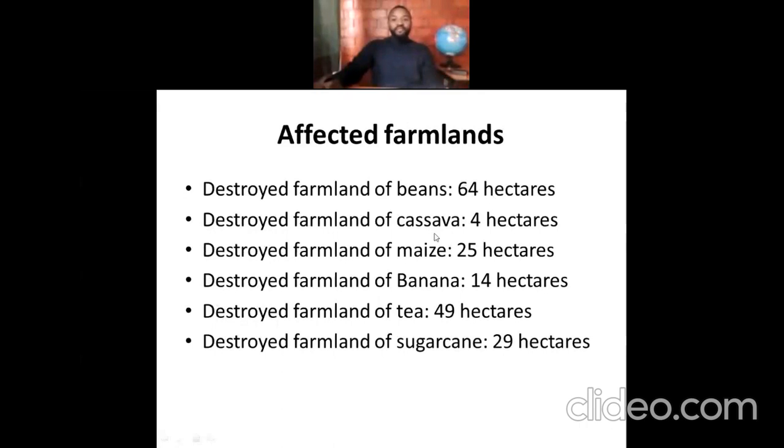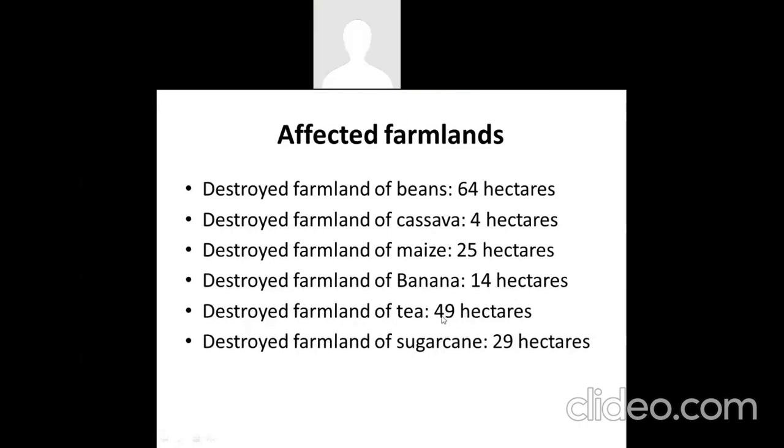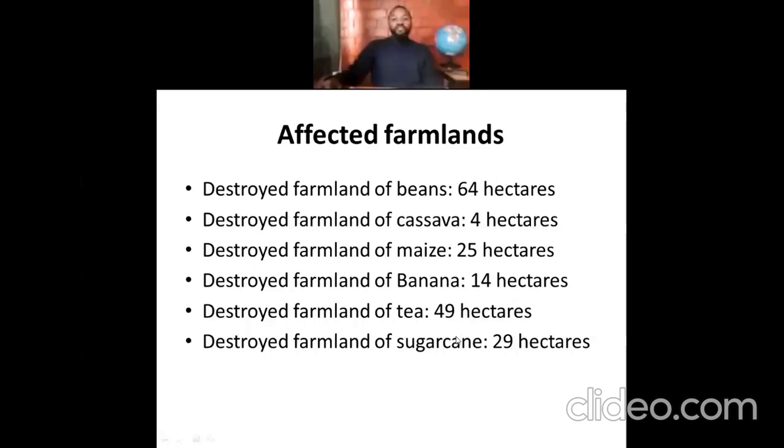The cassava farmland 4 hectares, maize farmland 25 hectares, banana farmland 14 hectares, tea plantation 49 hectares, sugarcane farmlands that were destroyed are 29 hectares.